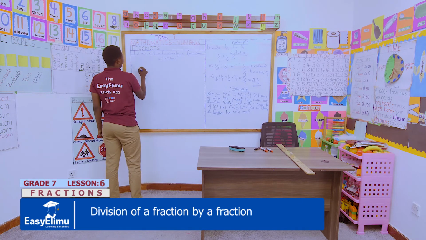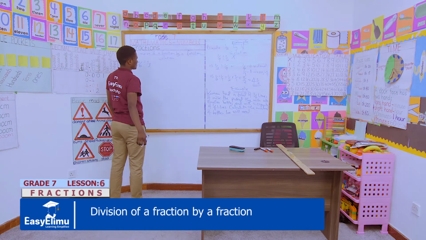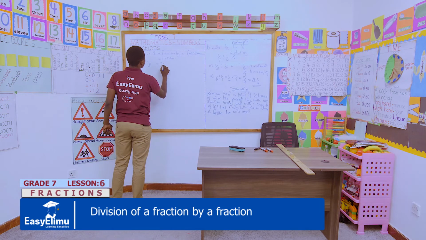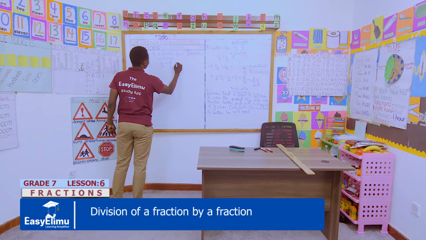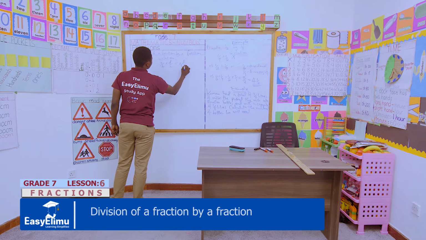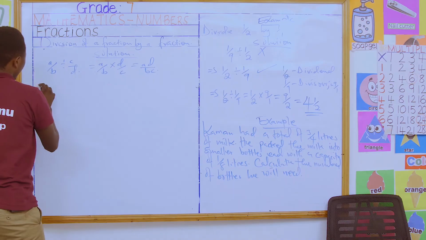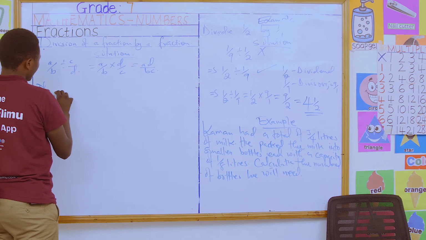That question takes the form of A over B divided by C over D, which is A over B times D over C, and that is AD over BC.